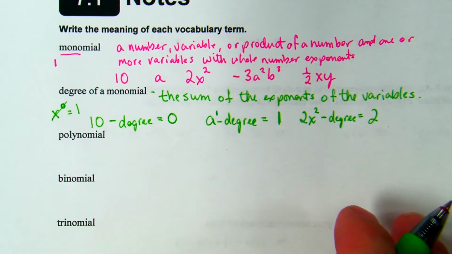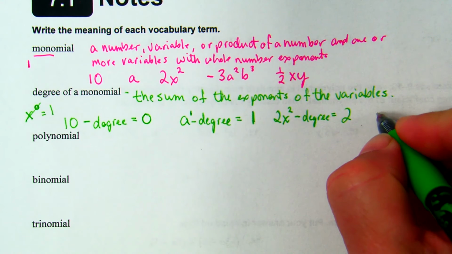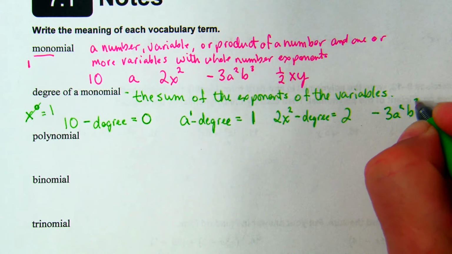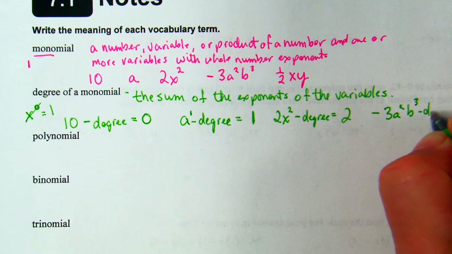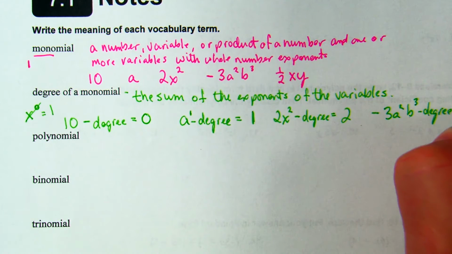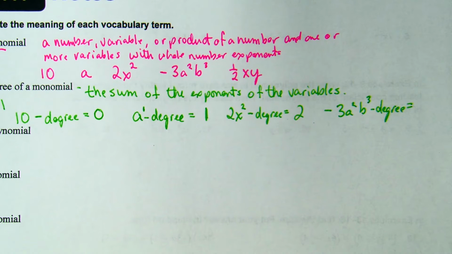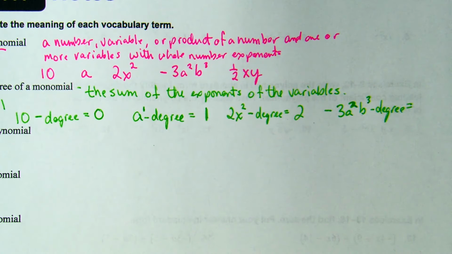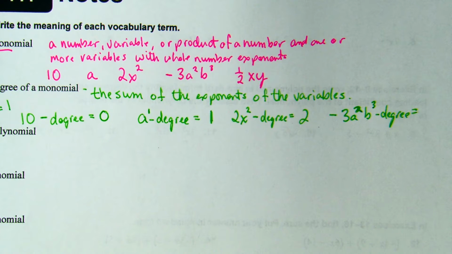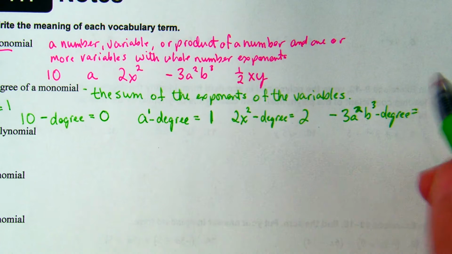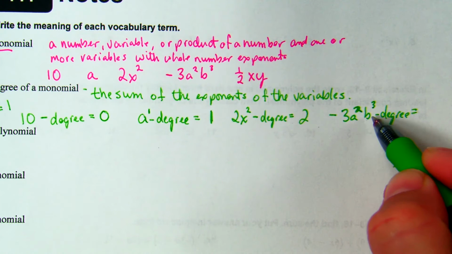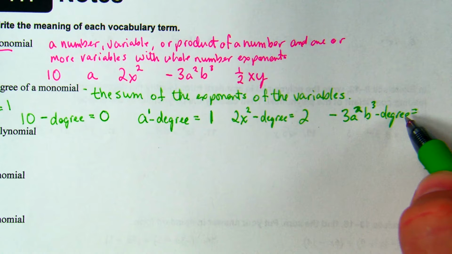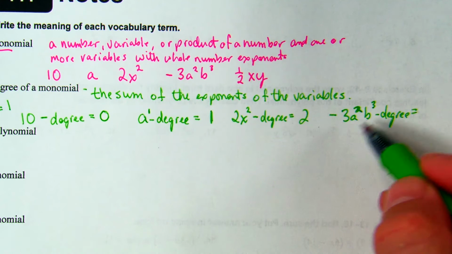And then what if we had the example of negative 3a squared b cubed? What would the degree of that be if we counted up all of those? And once again, I'm getting 5 in the crowd here, and that is correct. We have 2 a's, we have 3 b's in this product, and so the degree of this monomial is 5.